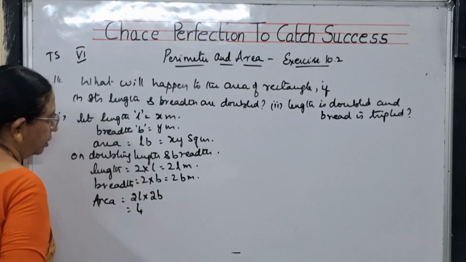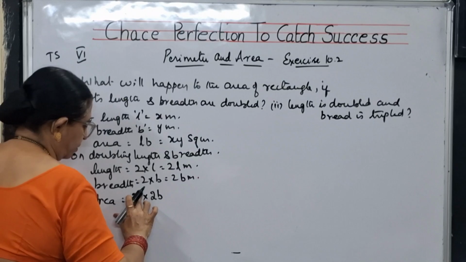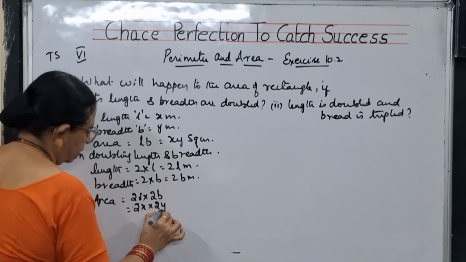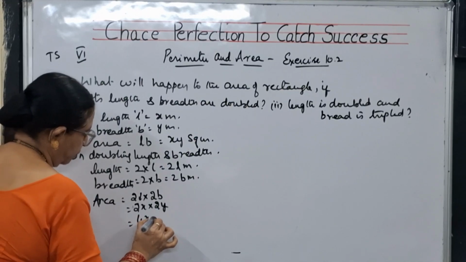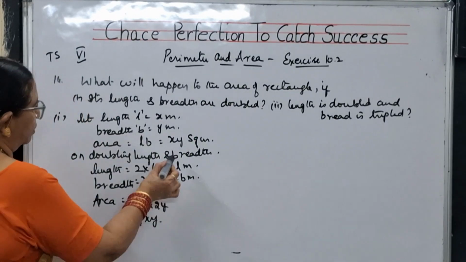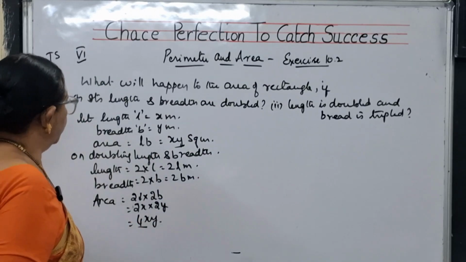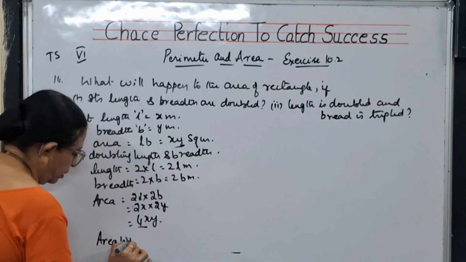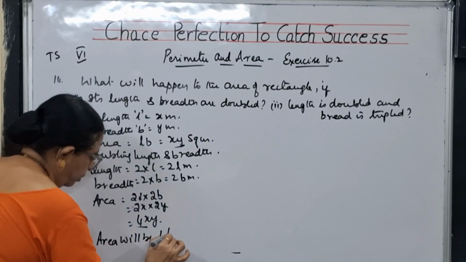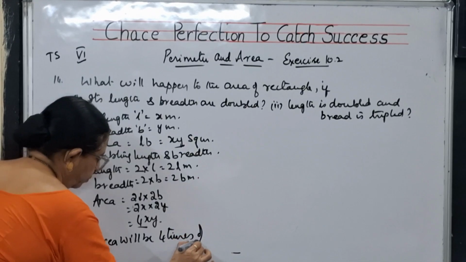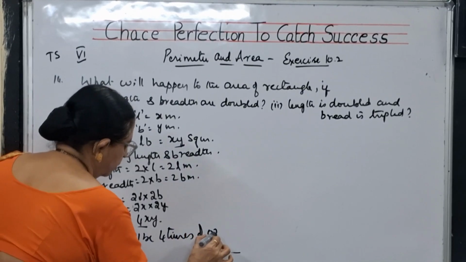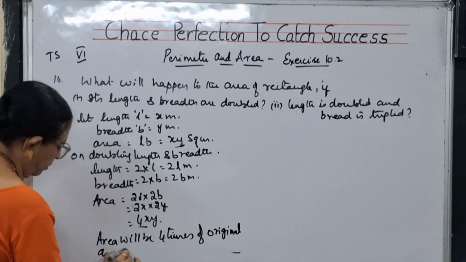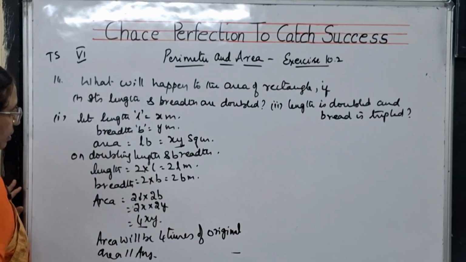Here we have taken L as x, so it is 2x into 2y, that means 4xy. Earlier it was xy, now 4xy. So what will happen to the area? Area will be 4 times the original area. This is the answer for the first bit, children.